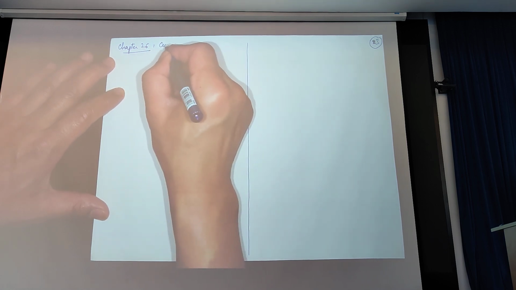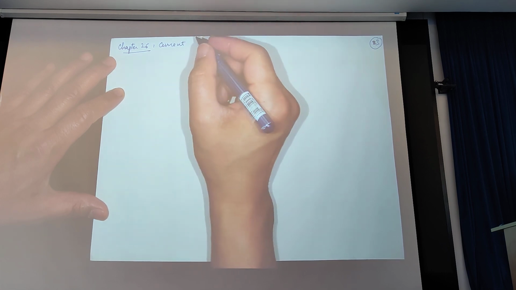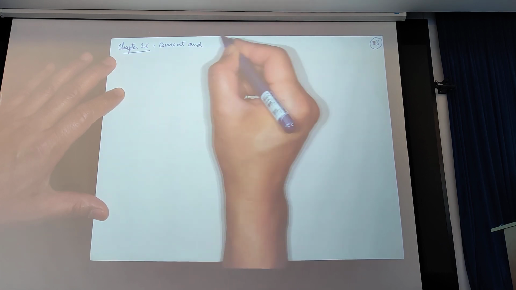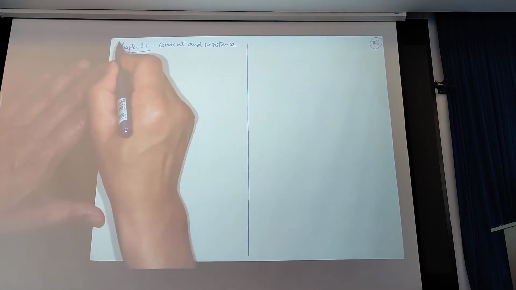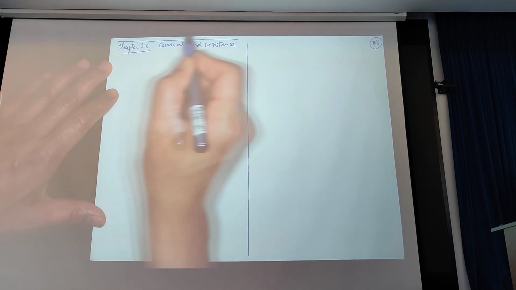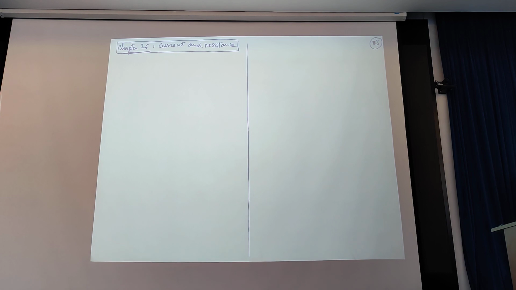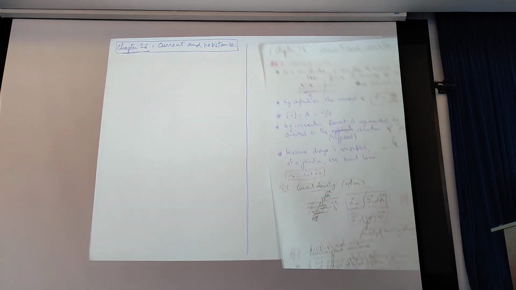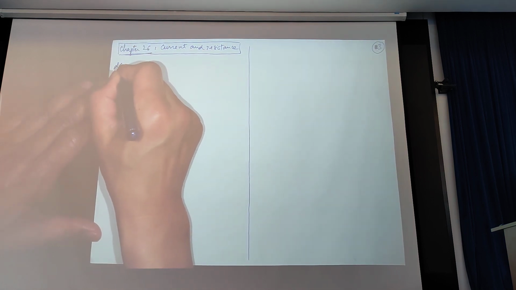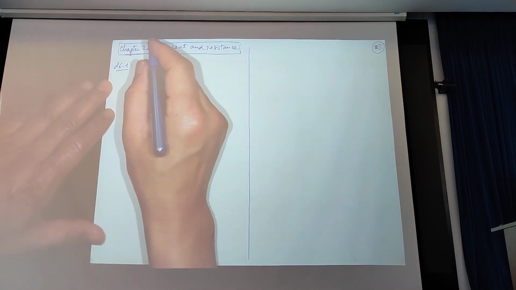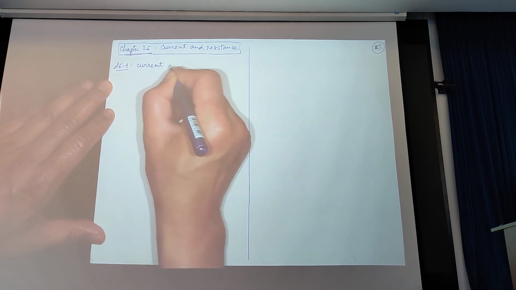We are now going to see what electric current and resistance are. First part, the definition of current rate.